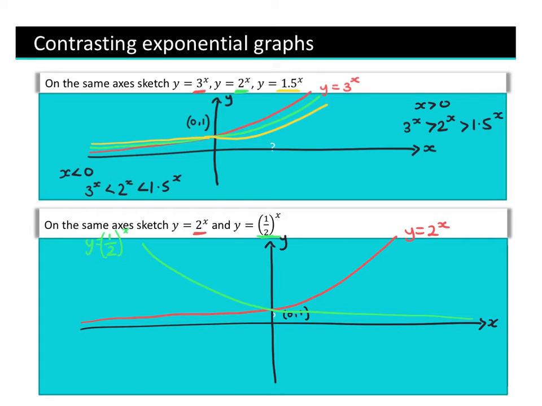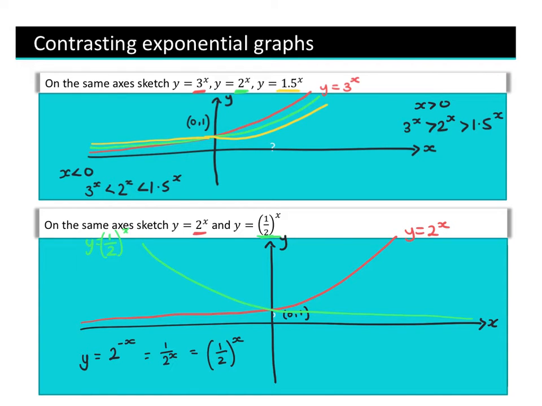But what would be really clever is if you noticed that y equals (a half)^x is exactly the same as y equals 2^(-x), which we know is the same as 1 over 2^x, which we can rewrite as (a half)^x.